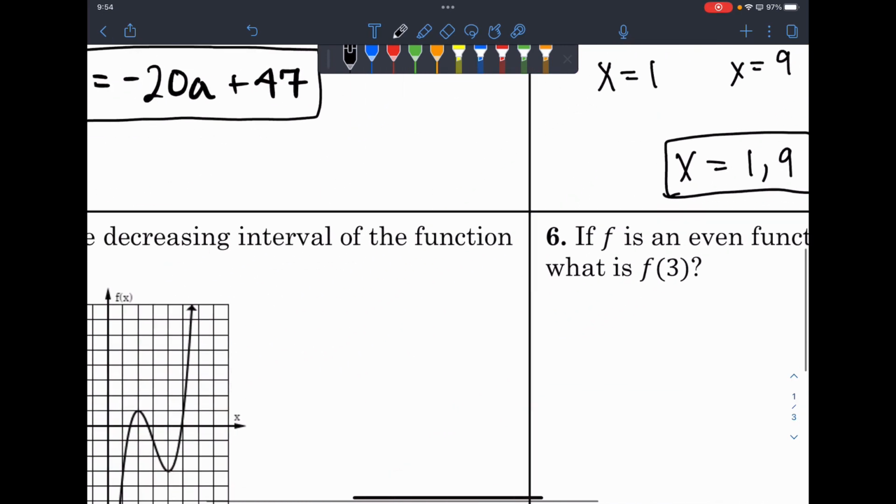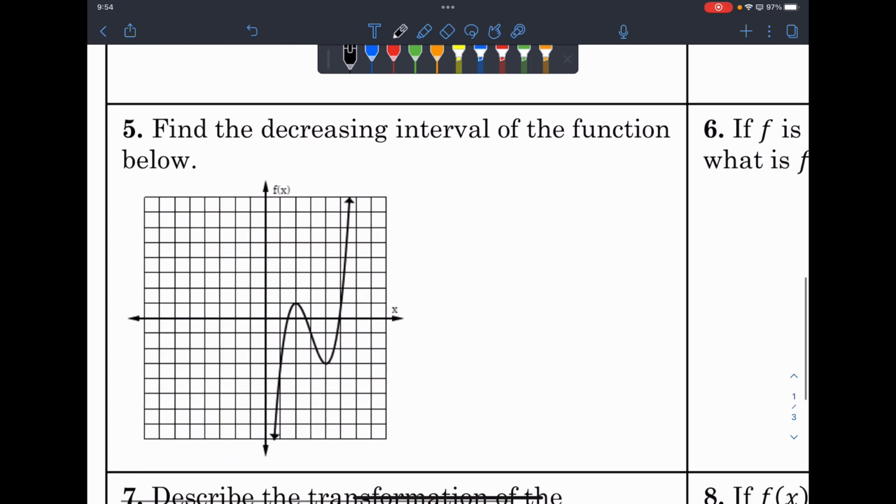Let's now look at our next example. In this example, we're going to identify the interval in which the function is decreasing. Well, the graph is decreasing in this section here, from this turning point in blue to this turning point right here in red. So that's that green section there. Now we're only interested in determining from what x value to the next x value.